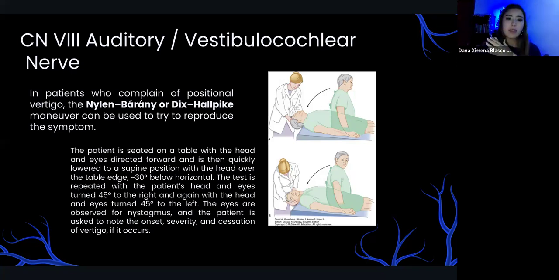The test is repeated with the patient's head and eyes turned 45 degrees to the right and again 45 degrees to the left. The eyes are observed for nystagmus. Remember the nystagmus? The patient is asked to note the onset, severity, and cessation of vertigo if it occurs. Here's a visual representation of this technique.